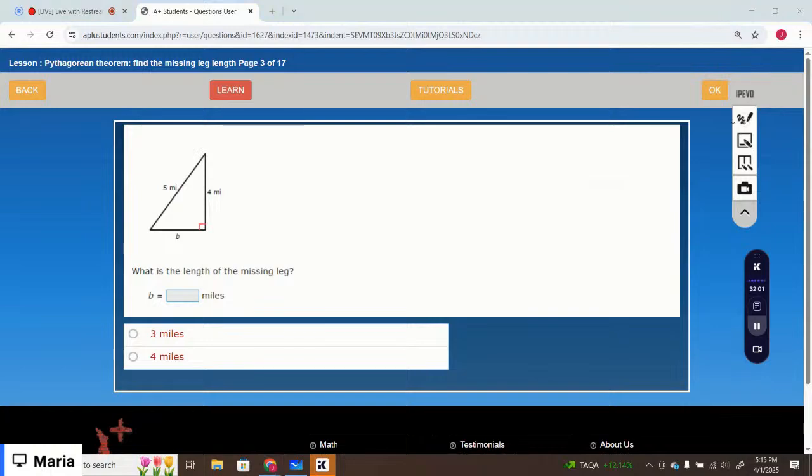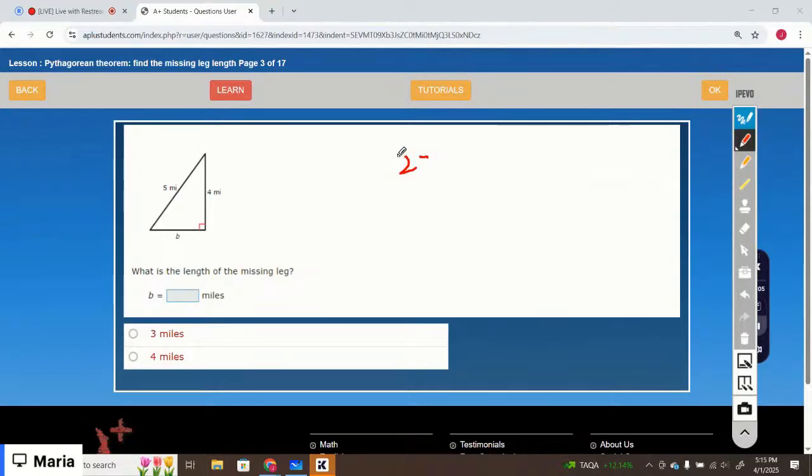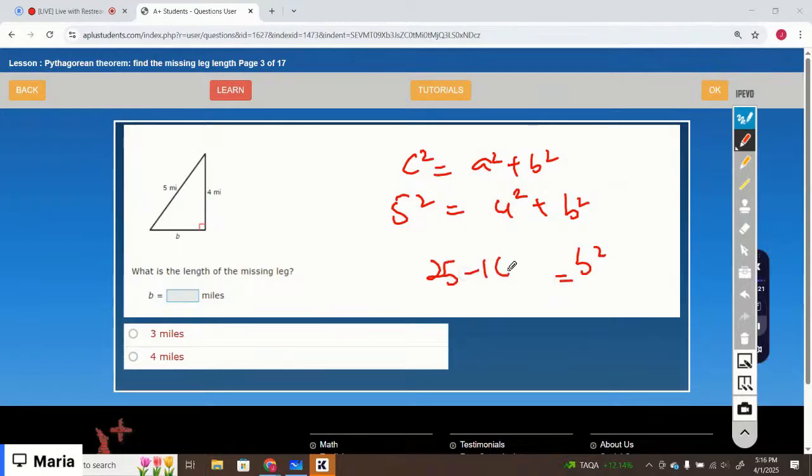We need to find b. So that is c square equals a square plus b square. 5 square equals 4 square plus b square. So b square equals 25 minus 16.